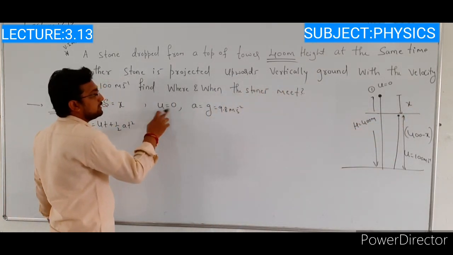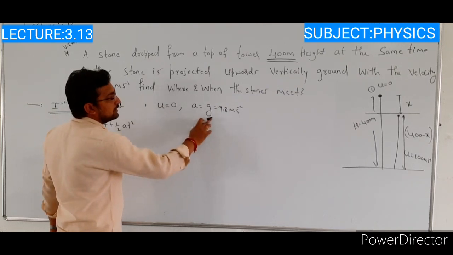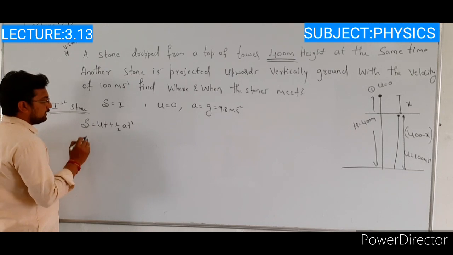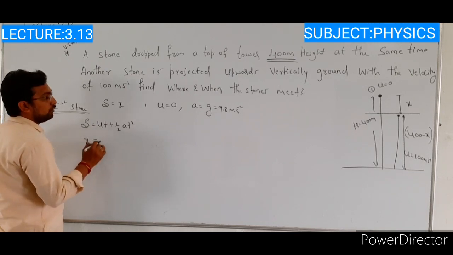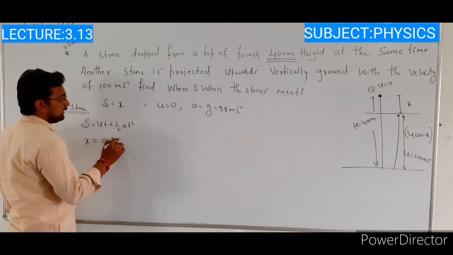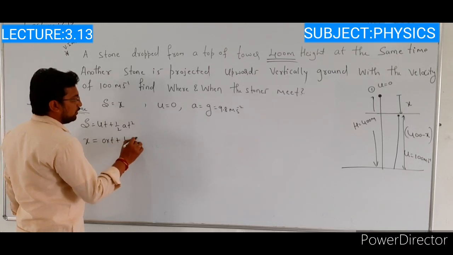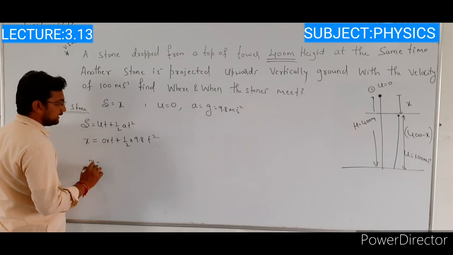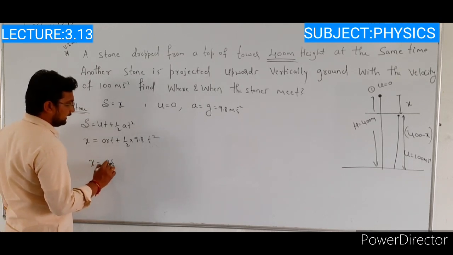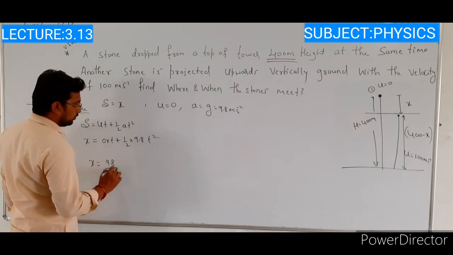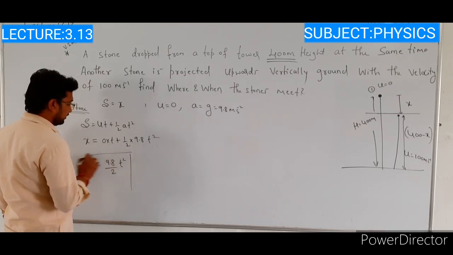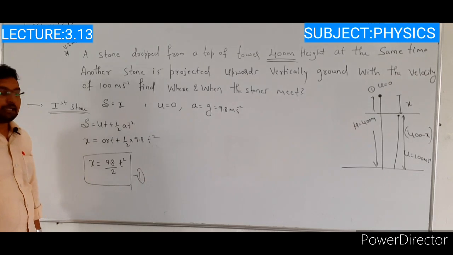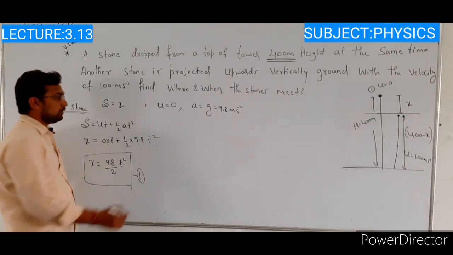Since it is dropped, the initial velocity is 0, and the acceleration due to gravity is 9.8 meters per second square. So s is equal to x, u is 0, so x equals 0 into t plus 1 by 2 into 9.8 into t square. Then x is equal to 9.8 divided by 2 into t square.